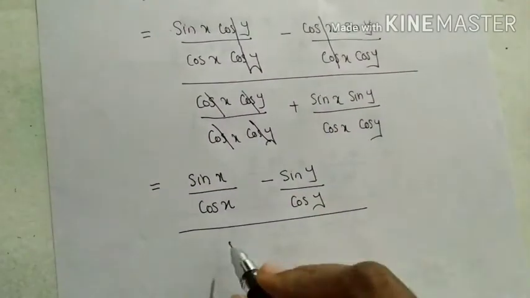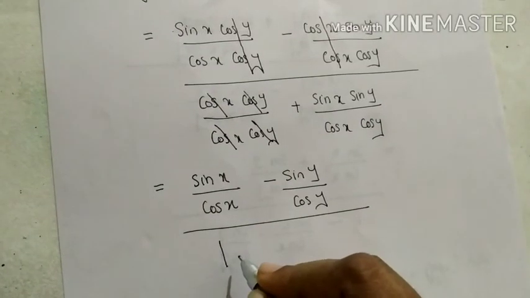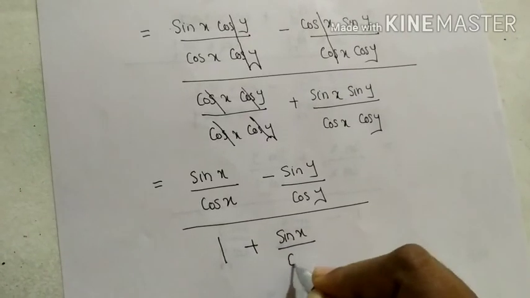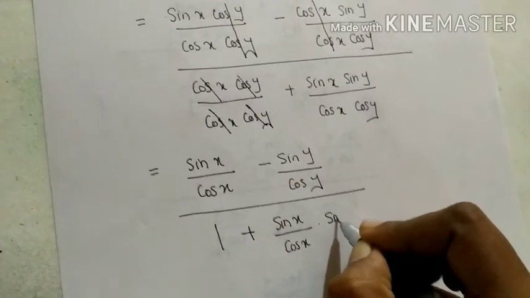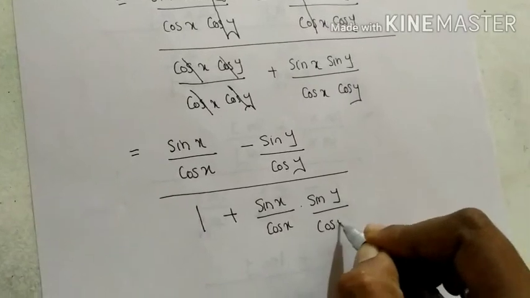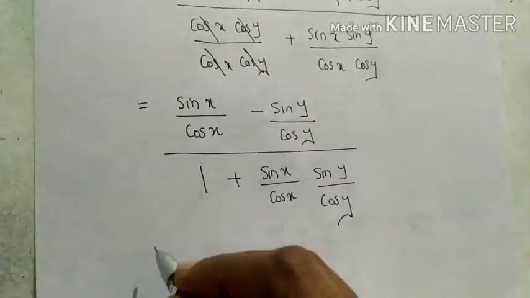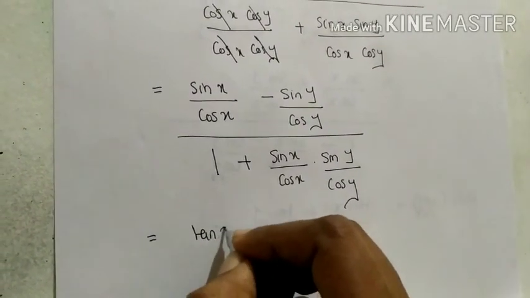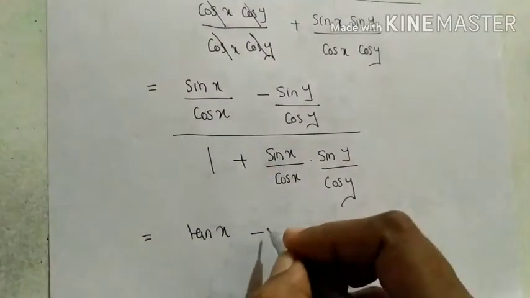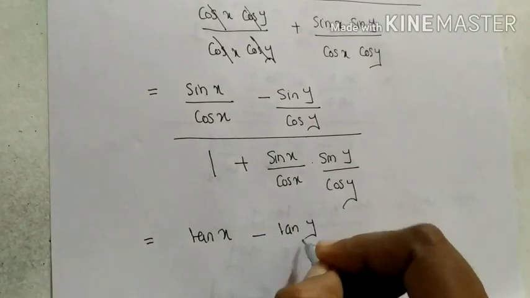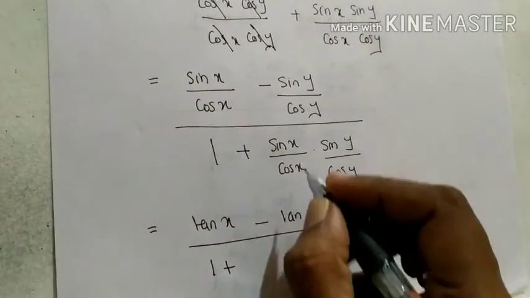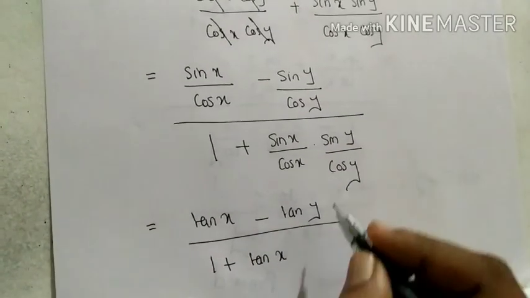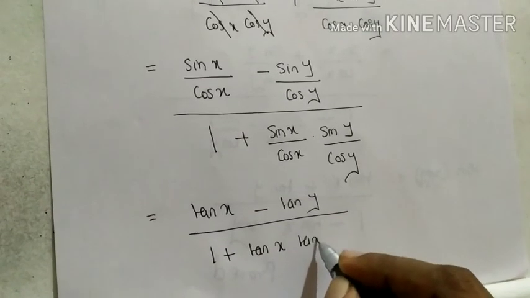Cos y and cos y, the remaining term is 1 plus sin x by cos x into sin y by cos y. Okay, and this can be replaced: sin x by cos x is tan x minus sin y by cos y is tan y, whole divided by 1 plus tan x tan y.